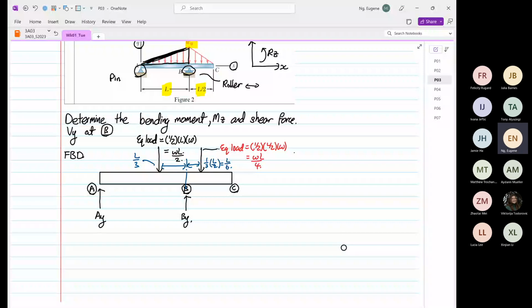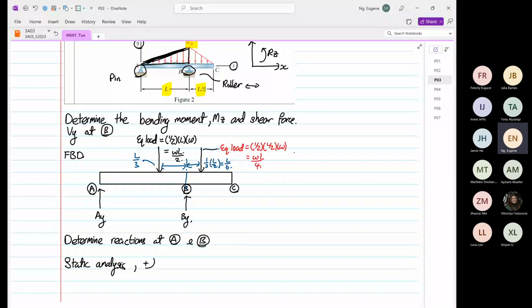So from here, we are going to determine reactions at point A and point B. So we are going to carry out static analysis.